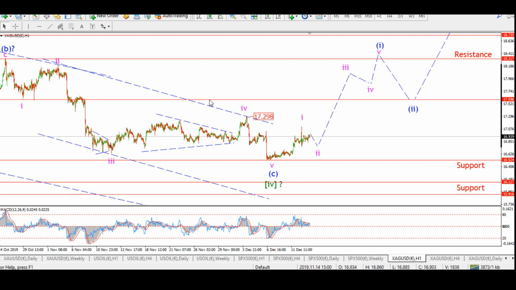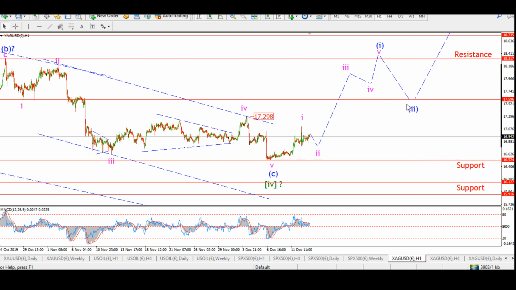See this wave 1 low here? That's at 1760, let's call it. I want to see wave 3 of 1 push back above 1760 again. So if this bullish pattern is correct, we should be looking for 5 waves up over the next week or so. And let's see if 1652 can hold.